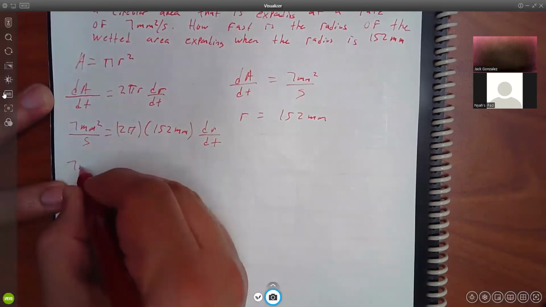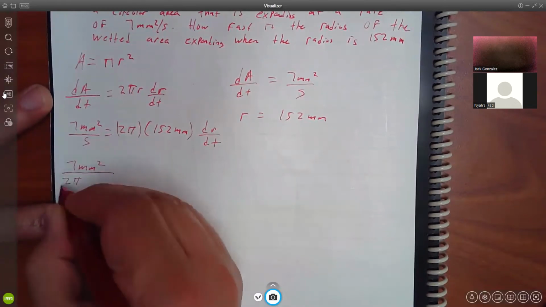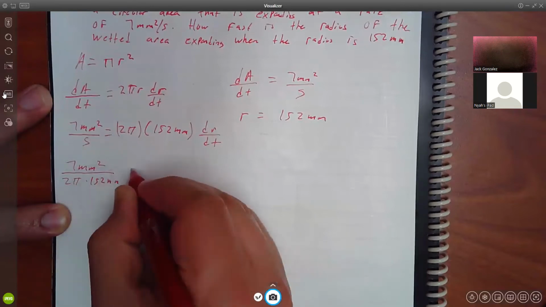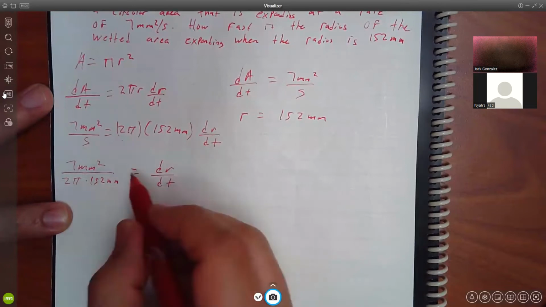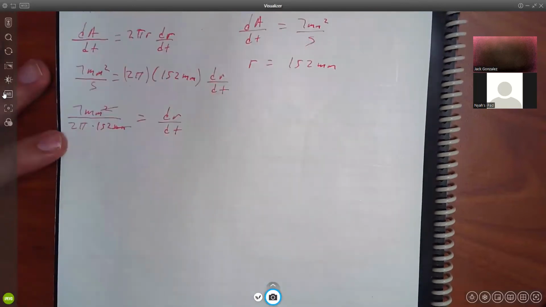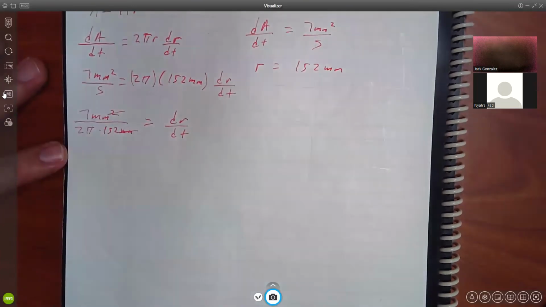We get 7 millimeters squared divided by 2 pi times 152 millimeters. One of those millimeters is cancelled, so my units will be in one dimension. Right.